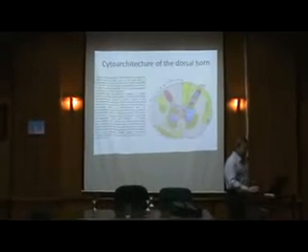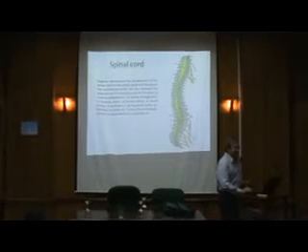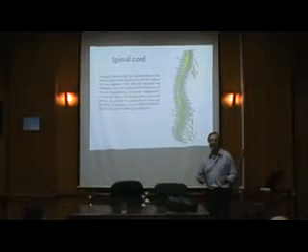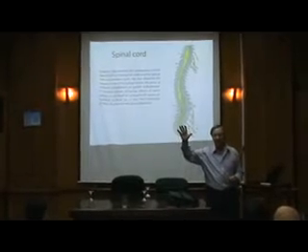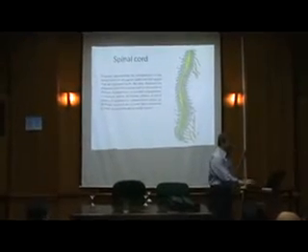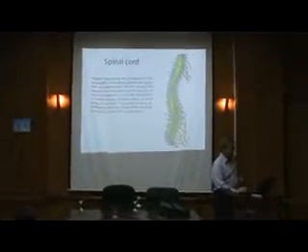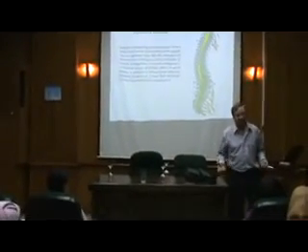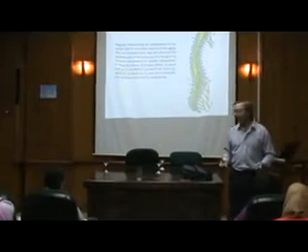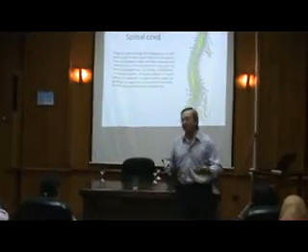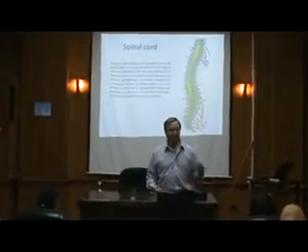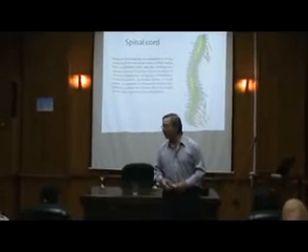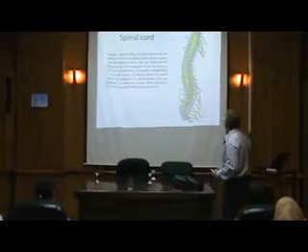One enlargement at this level corresponds to the upper limb, and another enlargement corresponds to the lower limb. This means that the upper limb and lower limb need a greater sensory control and also a greater motor control.